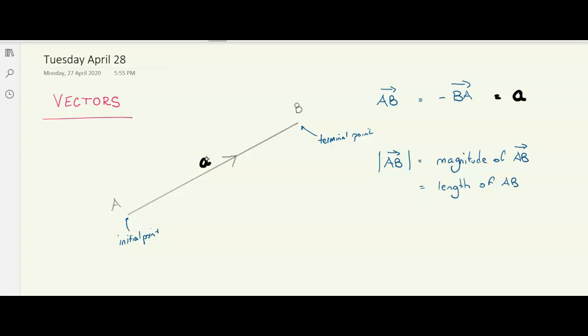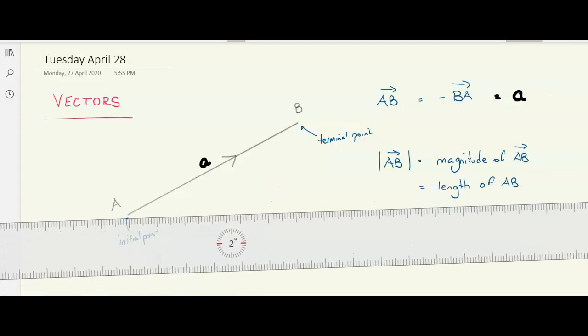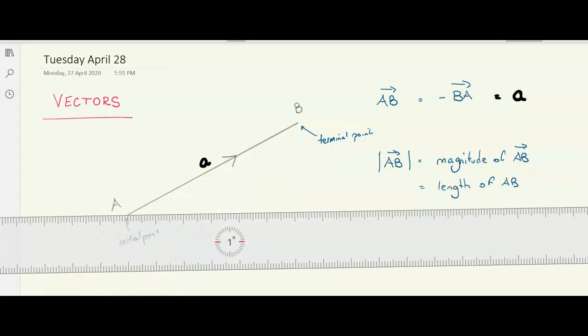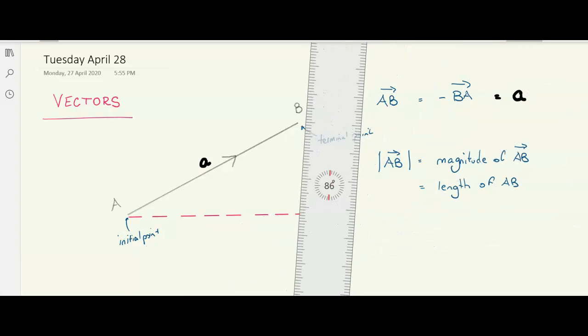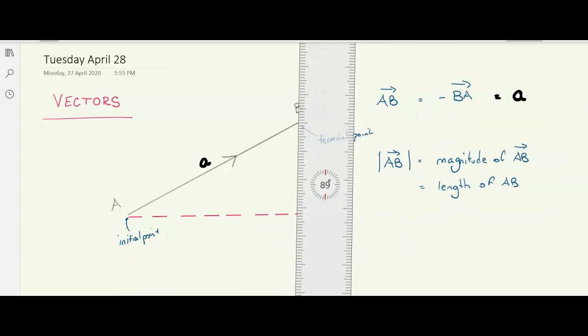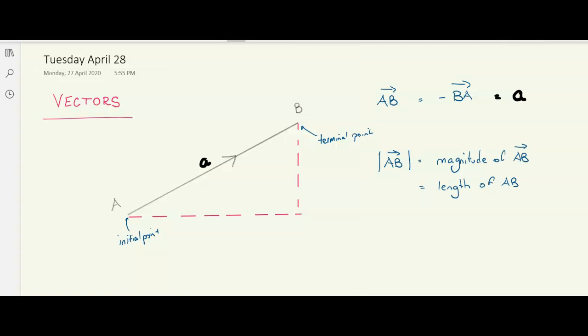How might we talk about it in terms of describing it? Well, I'll get my ruler out again, and we'll want to represent the distance we're going in a horizontal direction, and then the distance that we're going in a vertical direction. Like so, and perhaps we have gone across by 5, and up by 3.